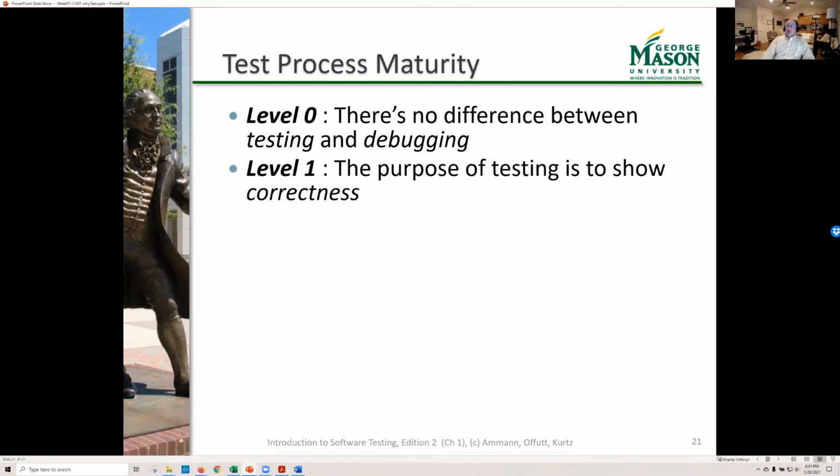Level 1, we're taking it up a notch, and now we've decided the purpose of our testing is to show that our software is correct. Well, that seems reasonable. It seems like a reasonable goal to prove that our software is correct. However, software is incredibly complex. As we work towards this goal of proving that our software is correct, we start to understand that that's not really a reasonable goal.